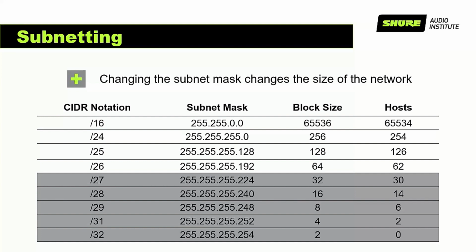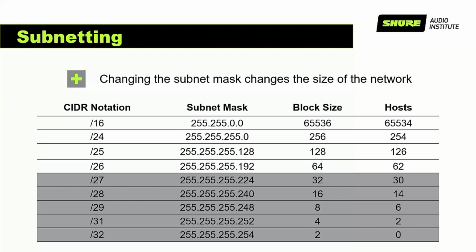The /24 notation, or the 255.255.255.0 subnet mask that we see most frequently, signifies that we have 254 hosts available. Now you'll notice there it says block size of 256, but we have 2 less for the number of hosts.